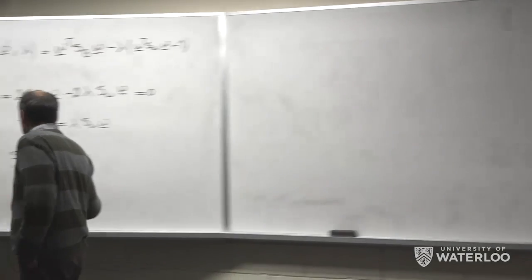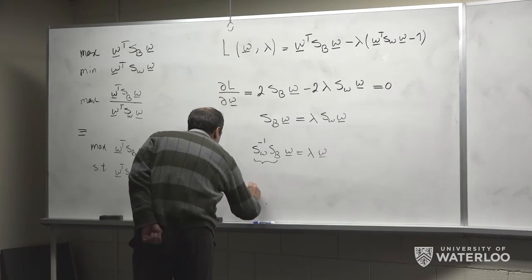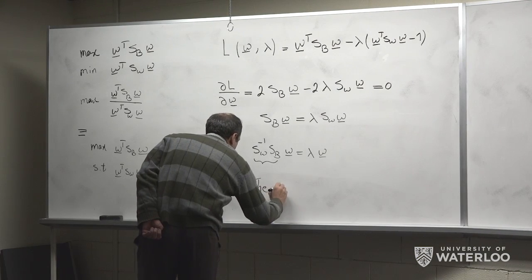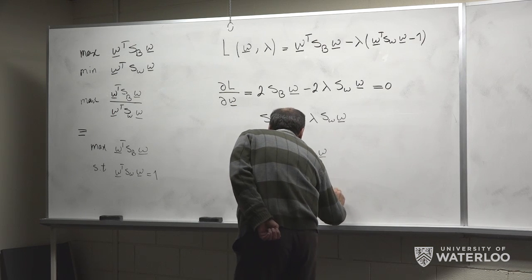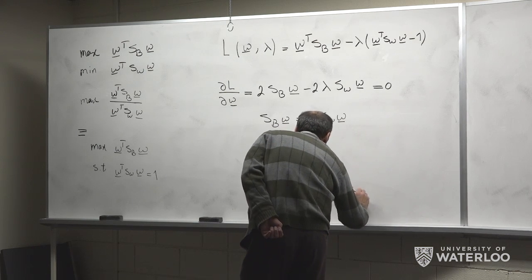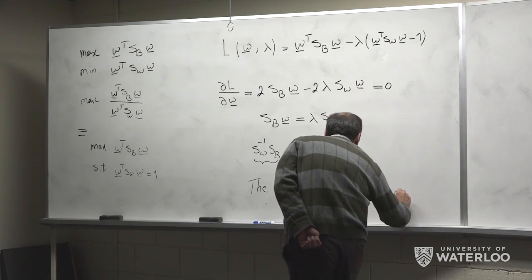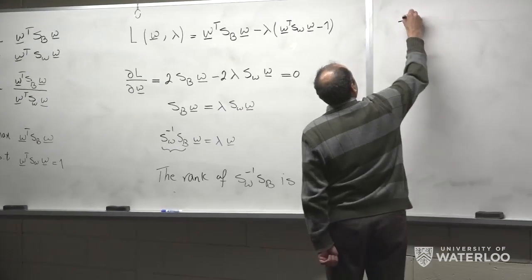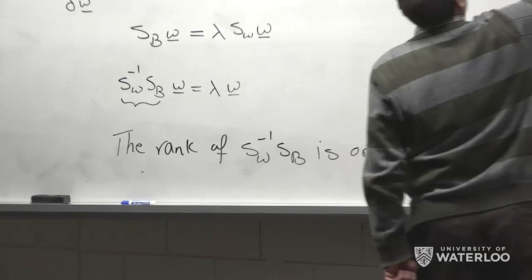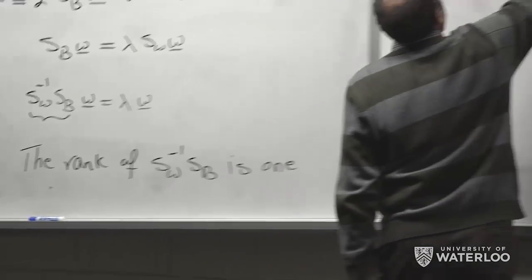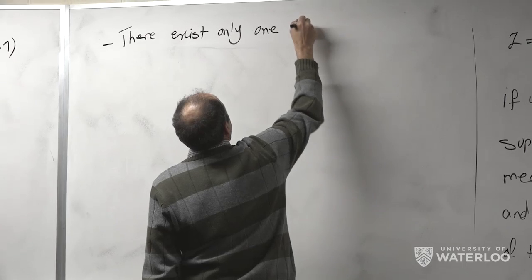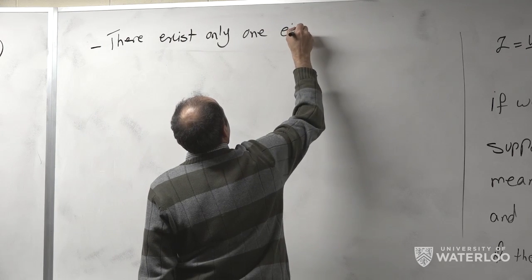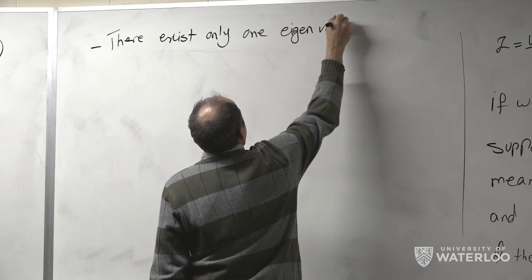So the rank of SW inverse SB is 1. There exists only one eigenvector.